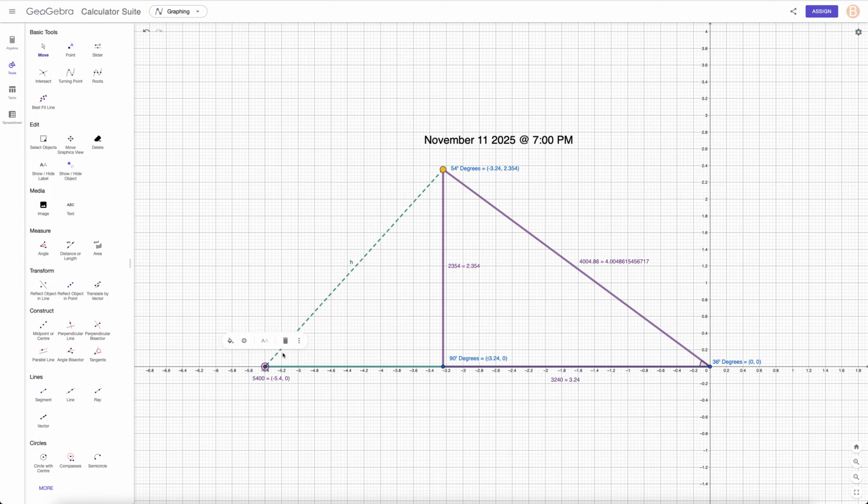As the angle increases, from 0 to 1 degree or 8 degrees or 24 degrees or up to 36 degrees, that pole increases in length, and as that pole increases in length, this length here shortens. As that pole decreases in length, this length here lengthens.